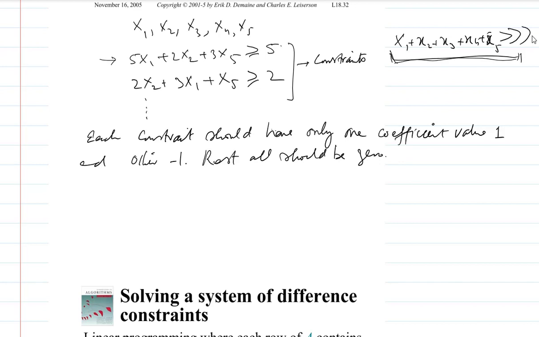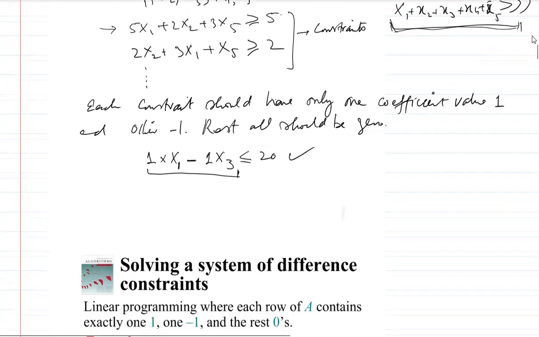That means we cannot have more than two variables in a constraint. For example, I can write x1 minus x3 should be less than or equal to 20. Now this is a constraint in the form of a system of difference constraints, right? It is called a difference constraint because we are talking about a difference of two values.